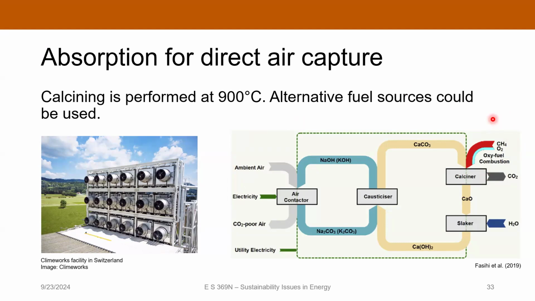Okay, so we looked at absorption. That is where you're getting an actual chemical reaction with your sorbent, and then you need to separate it off. And basically, the best candidate for this process is going to be separation from a point source at a power plant. Okay.